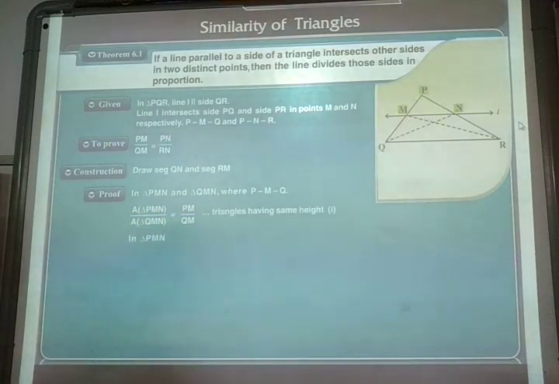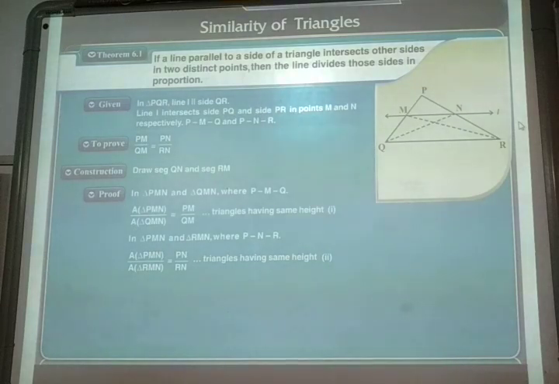In triangle PMN and triangle RMN, where point N lies between points P and R, the height of both these triangles is the same. Hence, the area of triangle PMN upon the area of triangle RMN is equal to PN upon RN.